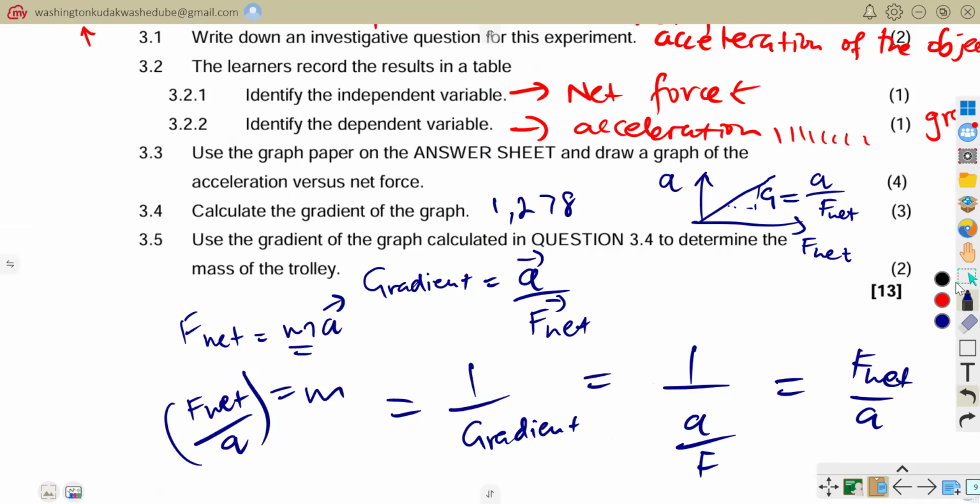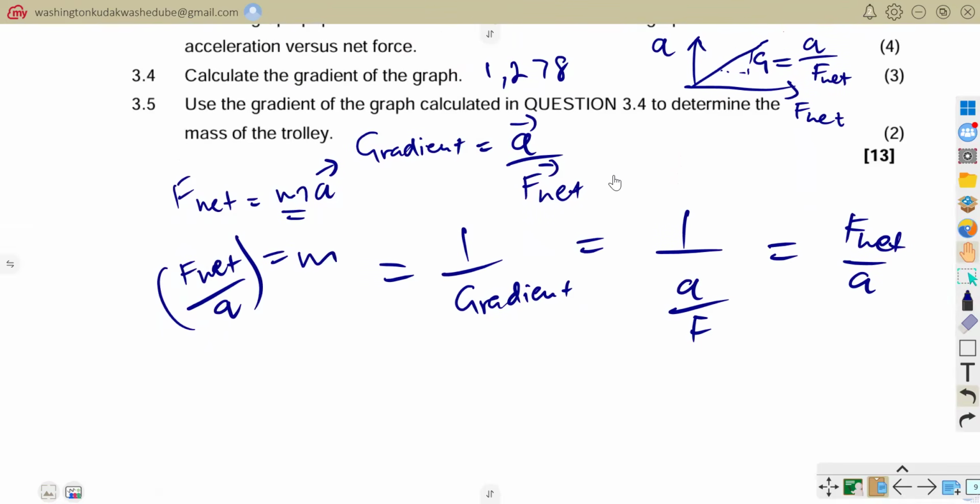Therefore, if I'm using that relationship now to determine the mass of the trolley, I will just need to invert that gradient that I have. So now the mass would be equal to 1 over 1.278. That would be the mass there.